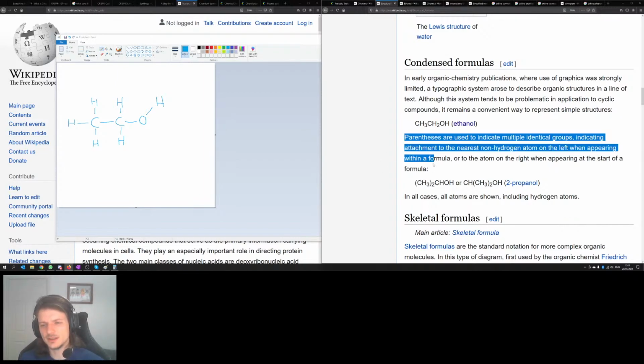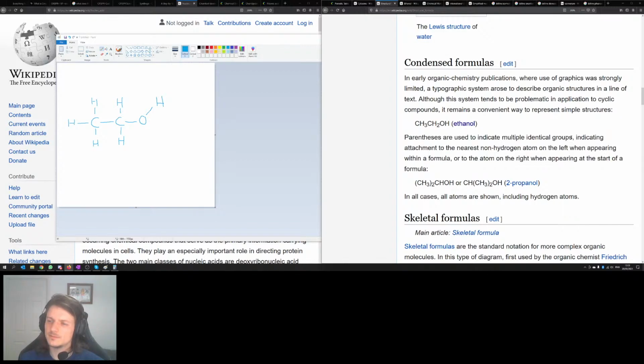I don't understand this. Parentheses are used to indicate multiple identical groups. Okay, that in itself I don't understand. So indicating attachment to the nearest non-hydrogen atom.